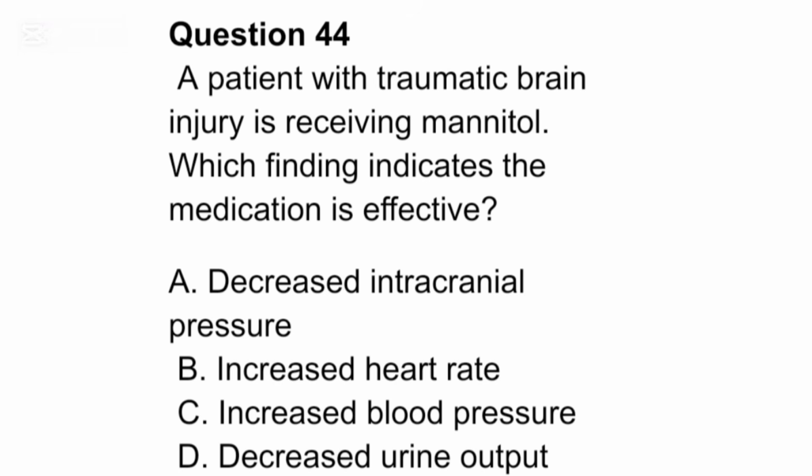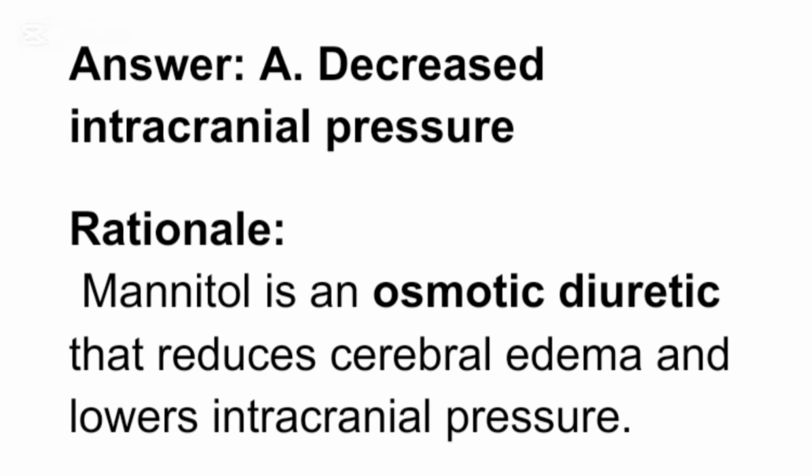A. Decreased intracranial pressure. B. Increased heart rate. C. Increased blood pressure. D. Decreased urine output. The answer is A. Decreased intracranial pressure. Rationale: Mannitol is an osmotic diuretic that reduces cerebral edema and lowers intracranial pressure.